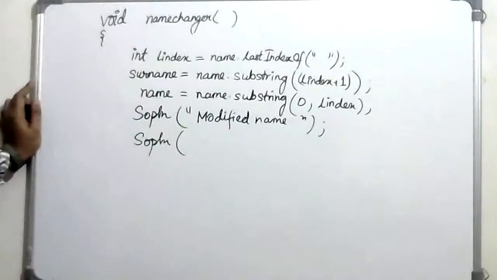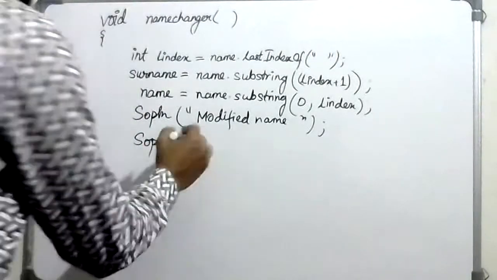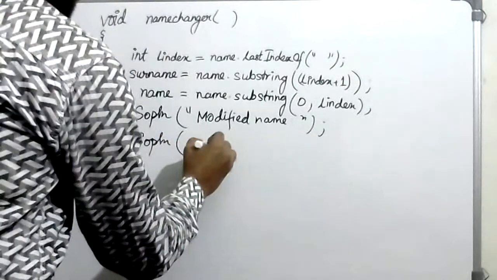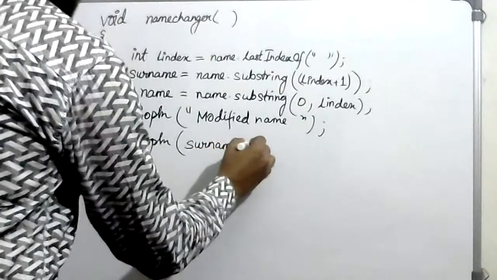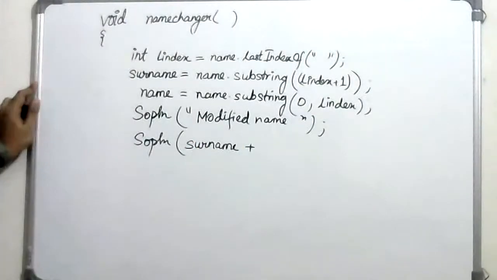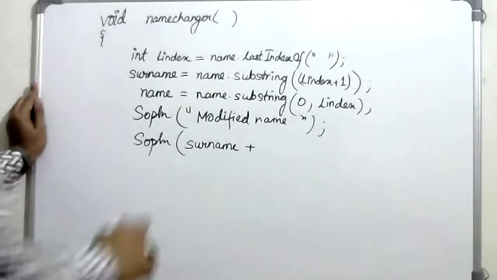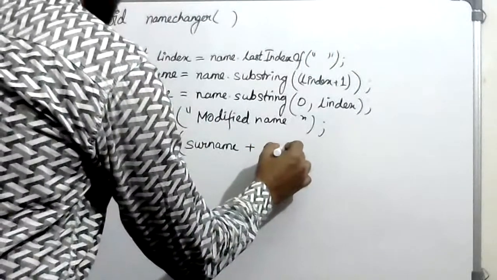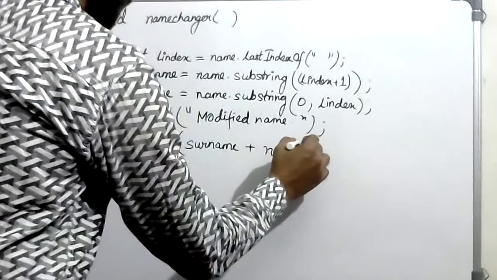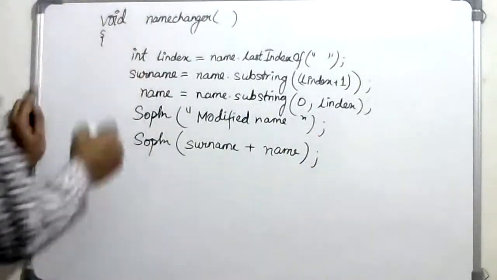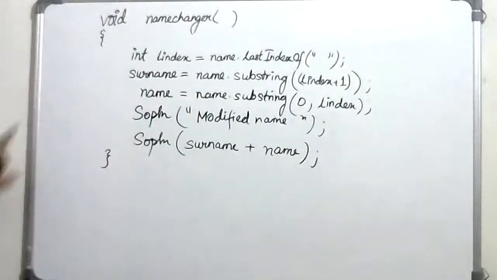So we have to first display the surname part. So I'll have surname at the beginning, followed by the concatenation operator and the name part, which has nothing but the first name and the middle name now. And that's the end of our name changer function.